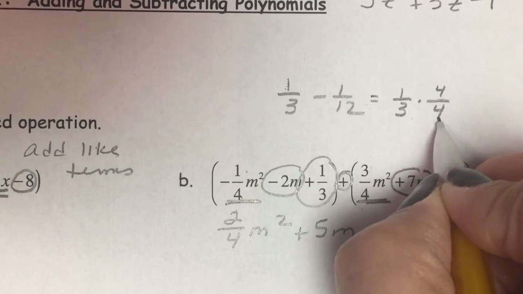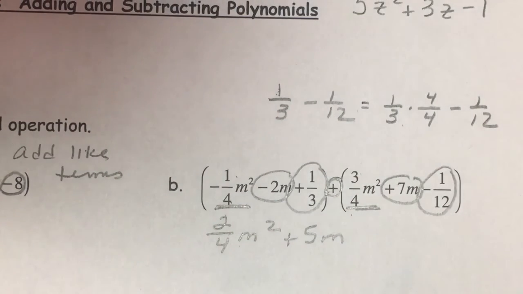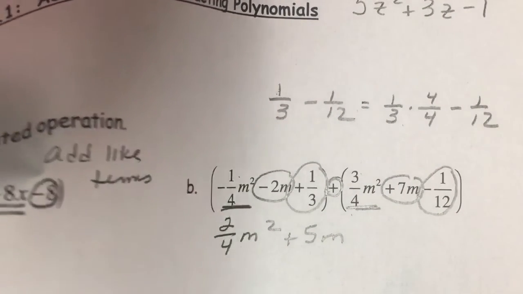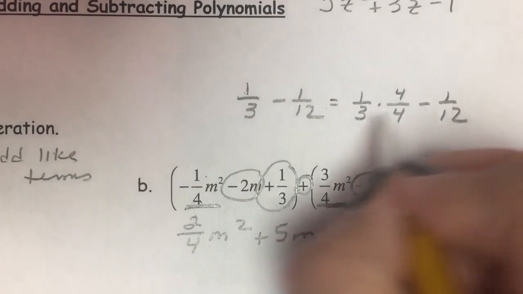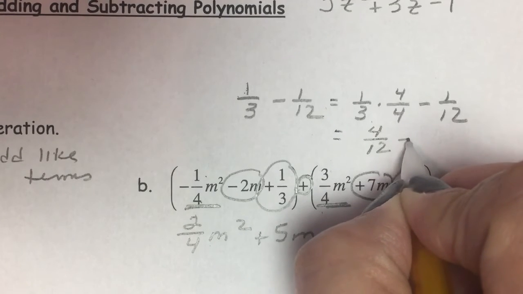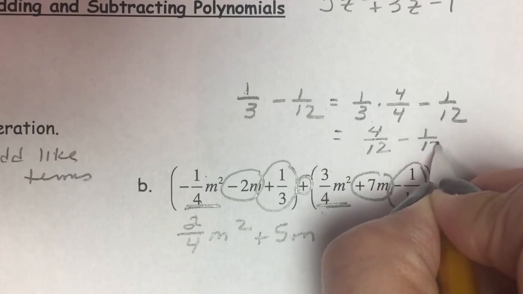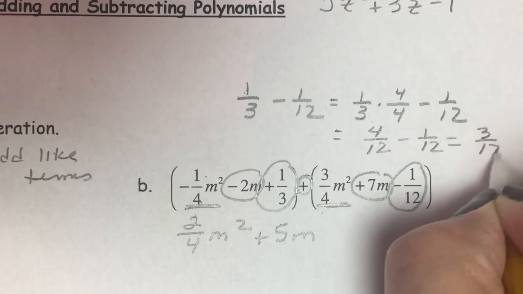I'm going to have to multiply them both by 4. And you can see that the last fraction is already over a common denominator, so I don't have to worry about that. So that's going to give me 4/12 minus 1/12. Which I hope we can all agree is going to be 3/12.